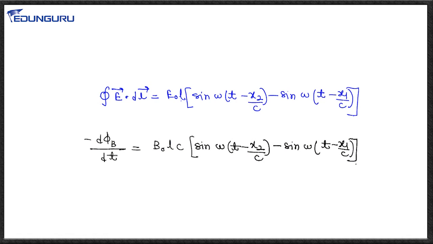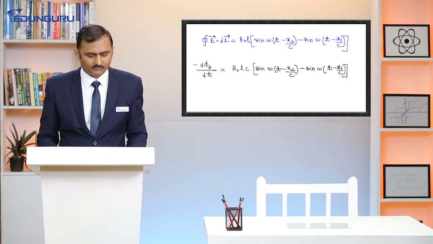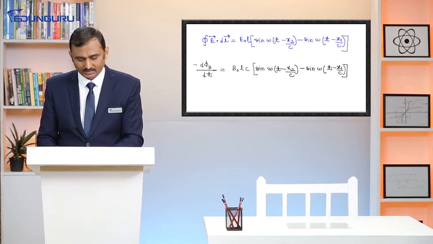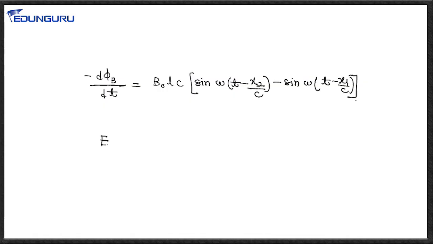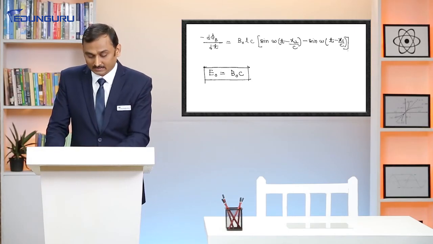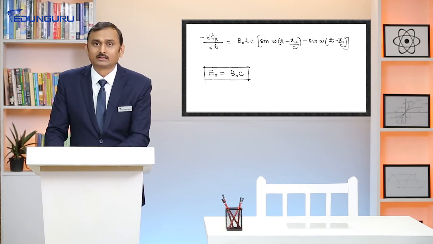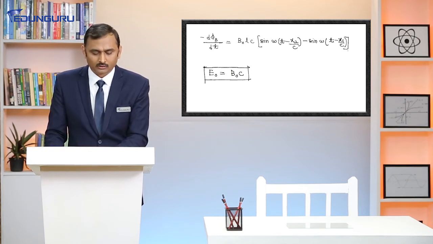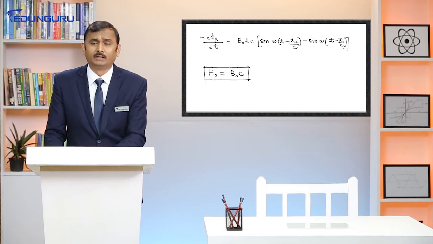Both the terms are of the same form. So, we can say that the integral of E dot dl is equal to minus d phi b by dt only when E naught is equal to B naught times c, right. This is the condition for Faraday's law to be true for a plane electromagnetic wave.